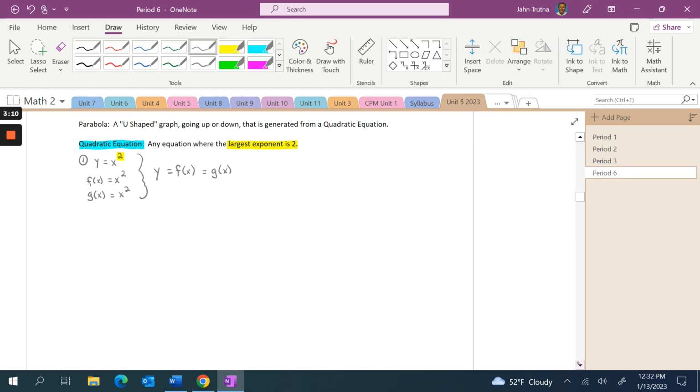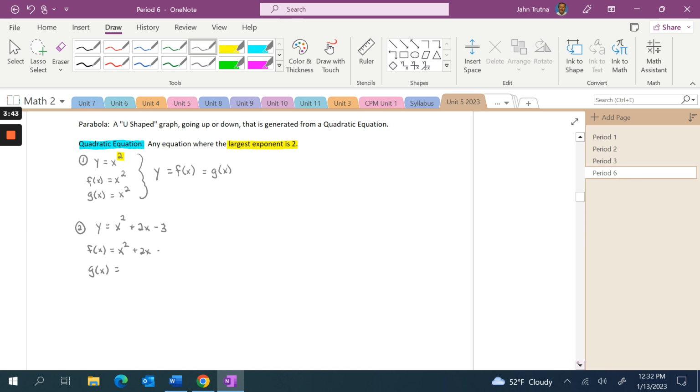So another example of a quadratic equation, I said I'd give you 3, I lied, I'll give you 2, would be like y is equal to x to the second power plus 2x minus 3. Now notice this equation right here. If instead of y, you saw the f with the x, or if you saw, say, the g with the x, those two representations mean the same thing as the variable y.